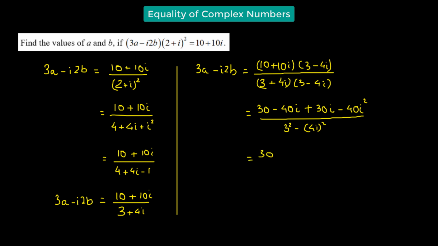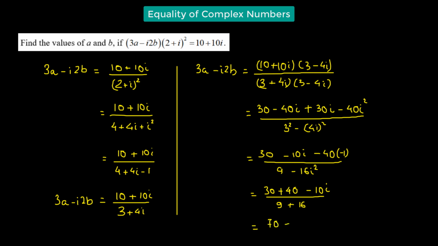This equals 30 minus 10i, negative 40i plus 30i gives us negative 10i, minus 40 times negative 1, divided by 3 squared is 9, minus 16i squared. So we have 30 plus 40 minus 10i divided by 9 plus 16, because i squared is negative 1, so negative 1 times negative 16 will make it positive 16, which equals 70 minus 10i divided by 9 plus 16 is 25.